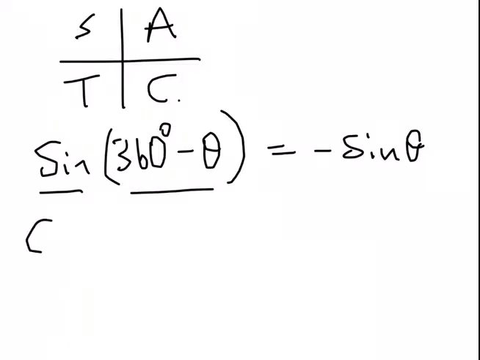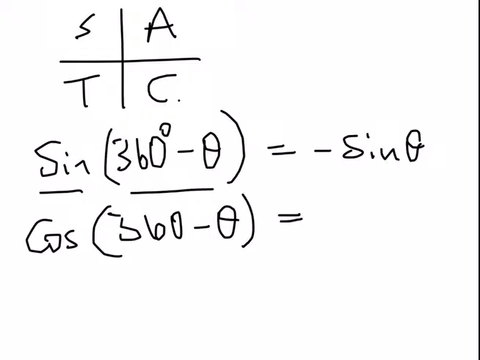Then let's move on to the second one. Let's do cos of 360 degrees minus an angle. In which quadrant? Quadrant 4. Is this positive? Yes, we have C in quadrant 4. Therefore, it becomes positive cos of an angle.